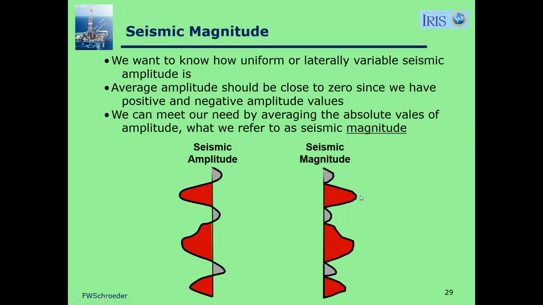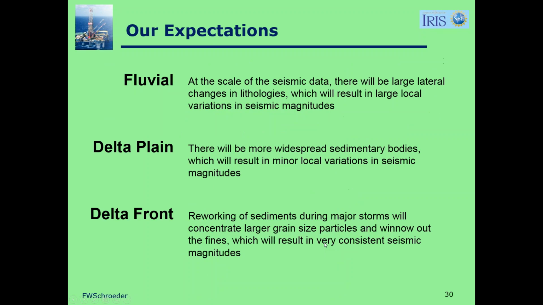And so all the amplitudes are now positive numbers, and the maximum excursion is not necessarily related to positive excursions to the right or negative excursions to the left. So the magnitude is telling me how much reflection energy, if you will, there is at each location for each of the time samples.